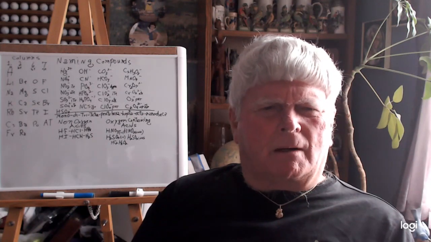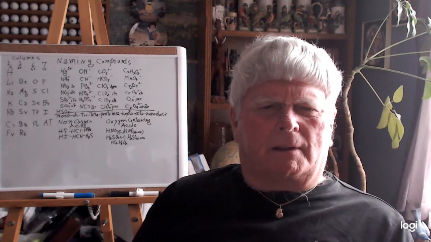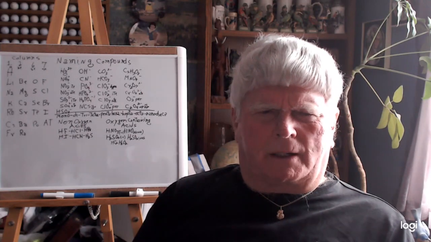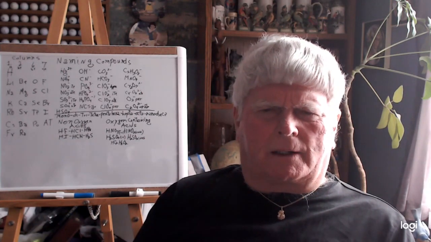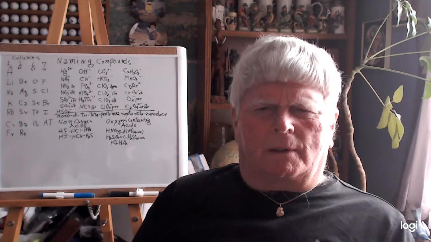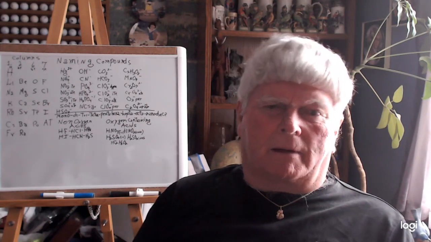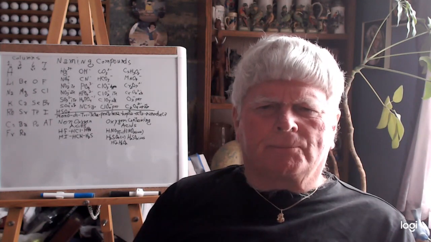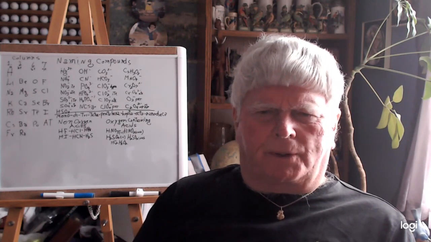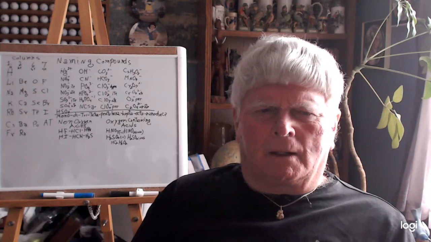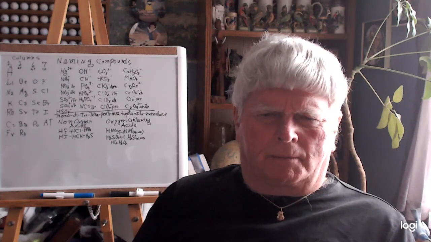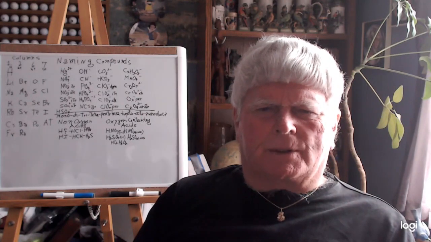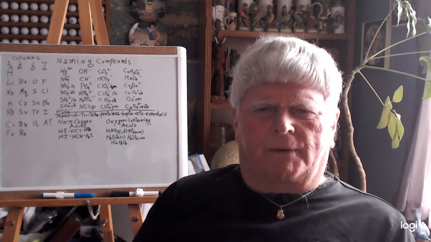Now, I'm going to start off by erasing the acids. I do trust you'll understand that the non-oxygen acids are column 1 and column 7 elements, or hydrogen rather, and column 7 elements combined. And their names are straightforward. The oxygen acids are a bit more tenuous as far as understanding their names, but there are very few of them.